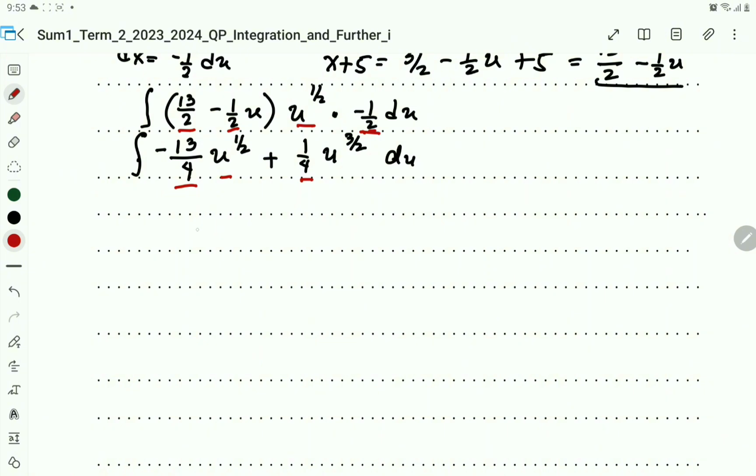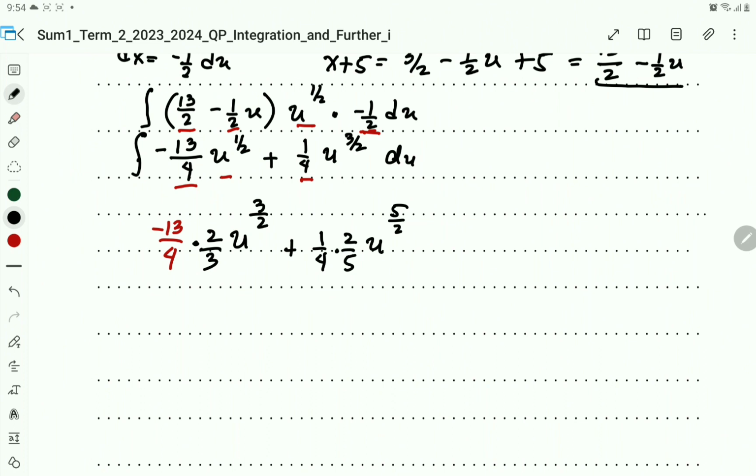So now let's integrate. Negative 13 over 4, that is u raised to 3 over 2 times 2 over 3, plus 1 over 4 u raised to 5 over 2 times what? 5 over 2 times 2 over 5.